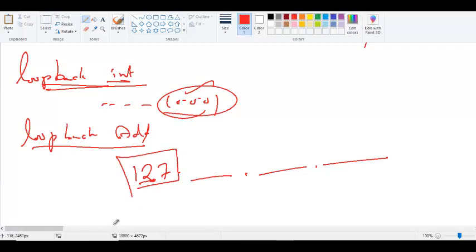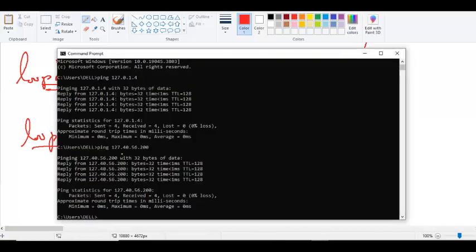One among the addresses is 127.40.56.200. Another one is 127.0.0.1. You can have 16 million plus like this. You type anything starting with 127, you will get a reply from that same number. Who is this replying to me?